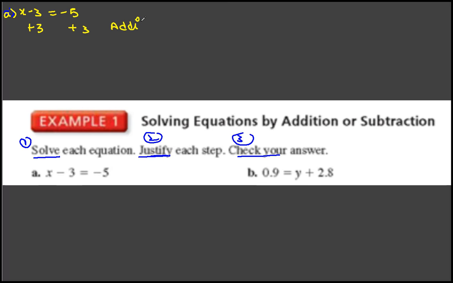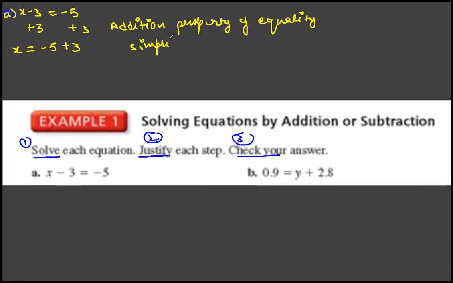Which means you are using the addition property of equality. So adding 3 to each side, minus 3 plus 3 will be cancelled out. You will be left with x equals negative 5 plus 3, and then you can simplify.